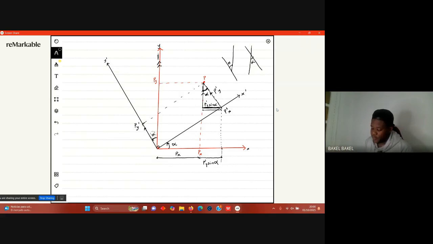Moving forward, you see there is this alpha that is here already, and earlier we established that this point is p prime x. That means the overall length from here to here is p prime x cos alpha.